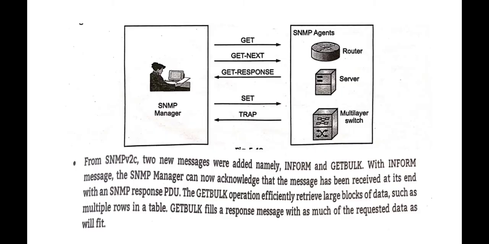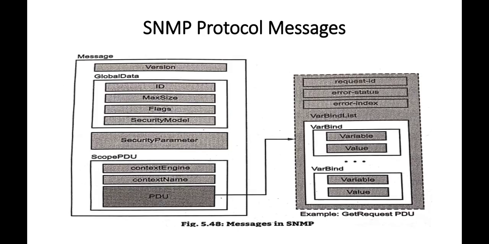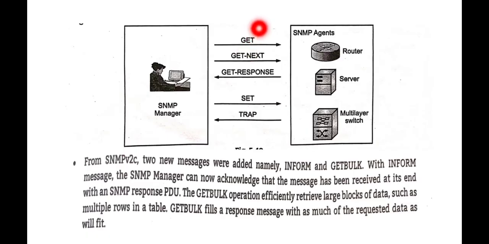So this is a diagram of the SNMP commands. Here we use the SNMP manager and agent, because communication is performed between them, and they communicate with each other with the help of different commands. We already discussed the get command: if the manager wants some data from the agent, we use the get command.